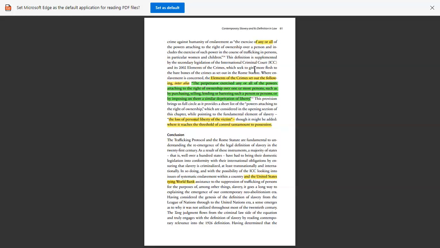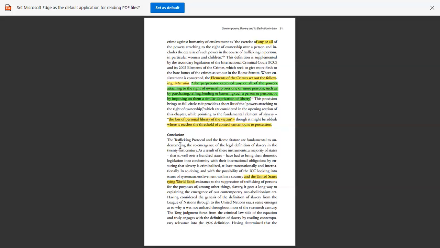So this provision brings us full circle as it pertains to the powers attaching to the right of ownership, which is where we started at the very beginning of the chapter. The fundamental element of slavery, which again is a legal term no longer having any bearing, is the loss of personal liberty of the victim, where it reaches the threshold of control tantamount to possession.